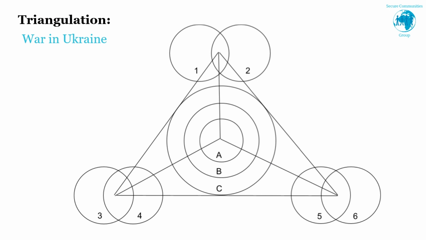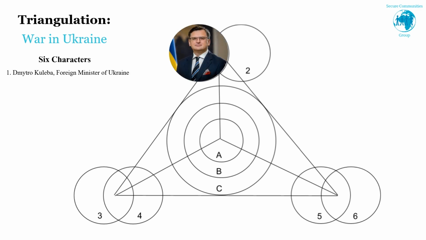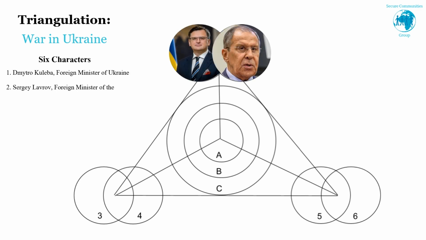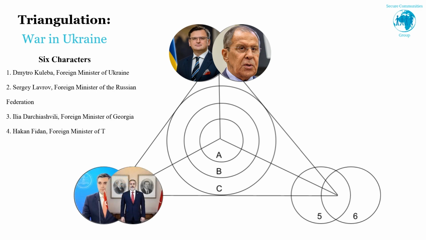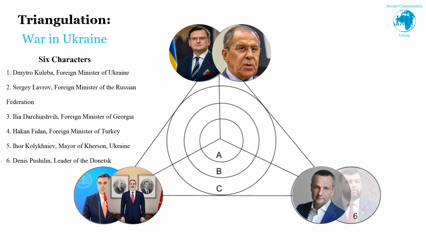In every conflict resolution case study that we author, we include 6 characters or sides in each case study. Those 6 characters are, for example, in our case study on Ukraine, the foreign minister of Ukraine, the foreign minister of Russia, the foreign ministers of the state of Georgia and Turkey, and 2 regional leaders within the state of Ukraine.